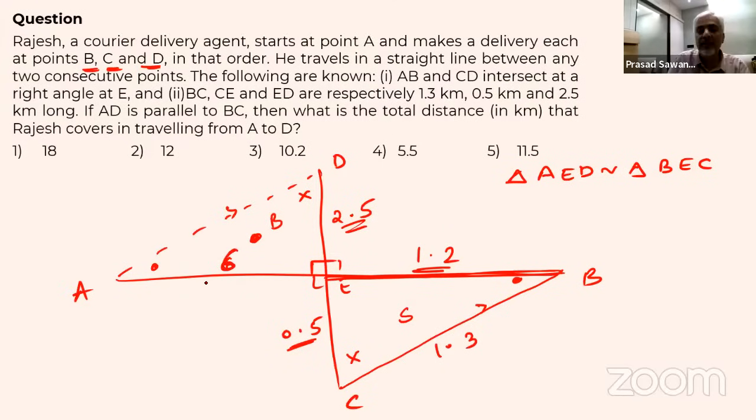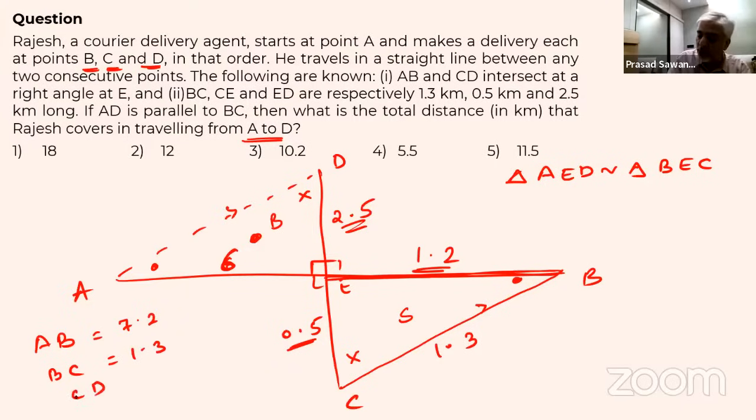5 times. Now also people make a mistake. They use Pythagoras. That is not what we want to do. They want to find the total distance traveled from A to D. So first he will go A to B. A to B is 7.2. Then B to C, 1.3.